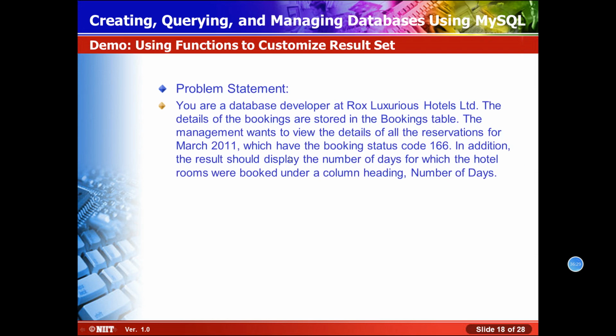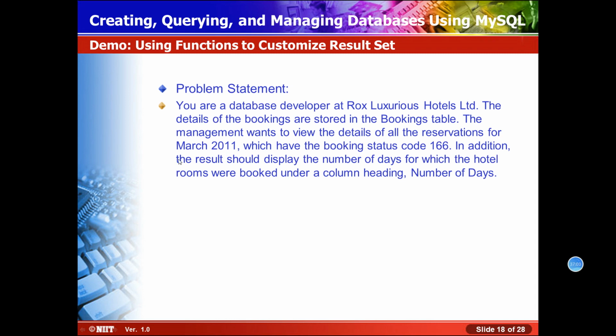That's all. Your assignment time for this. You are a database developer of this Rocks luxurious hotel. The details of the bookings are stored in the booking table. The management want to view the details of all the reservation for March 2011. That means he needs to find out the booking details based on the date, which have booking status code 166.